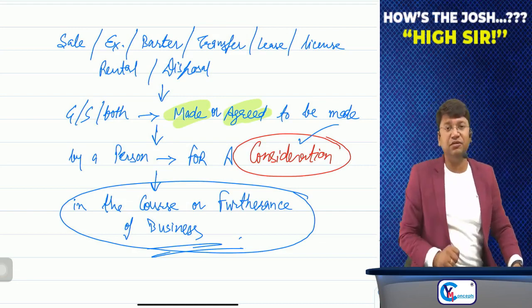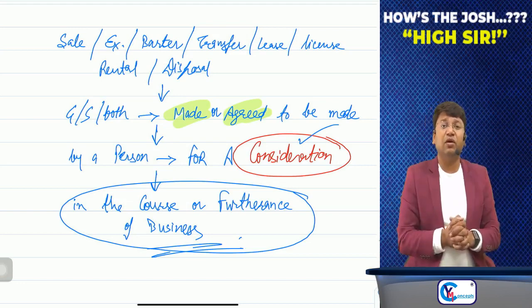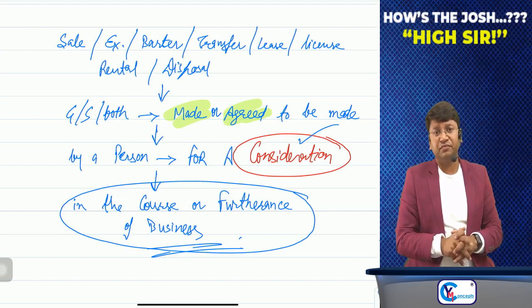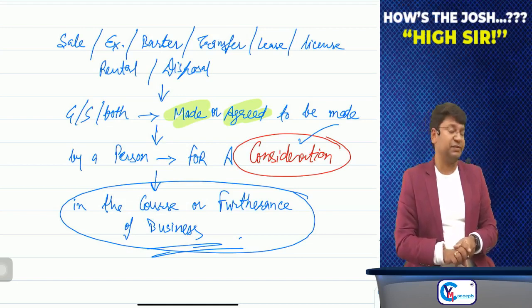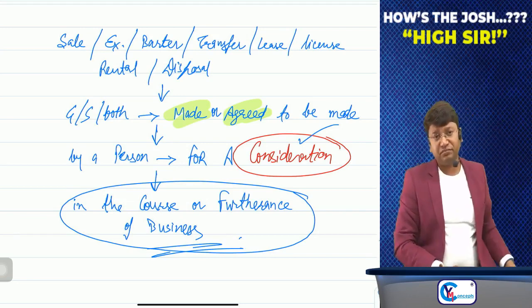But at the same time, suppose any mega event is being organized by any charitable institution, and in that mega event, a huge gathering is expected. They approached a businessman.